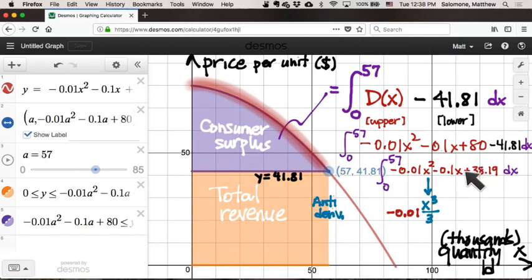The x, what happens with that? Right, because there's a secret exponent of 1 sitting on this x, that when I raise that exponent by 1, it becomes x squared. Divide by 2, and the coefficient comes along for the ride, minus 0.1. And what happens with 38.19?